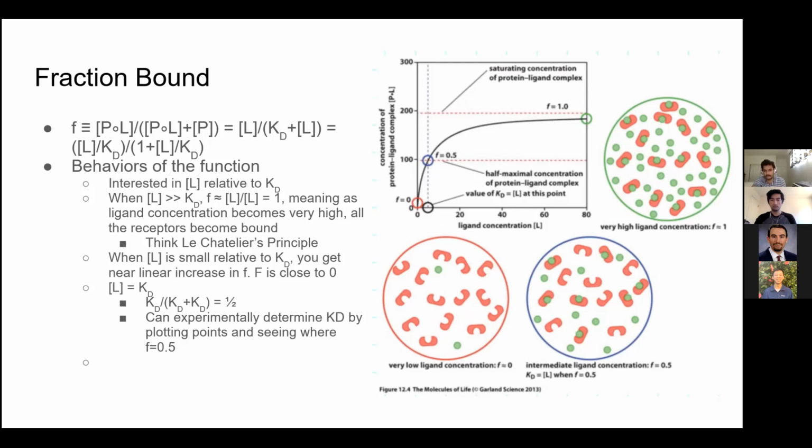As the free ligand concentration becomes very high, you essentially can saturate all the receptors, and that's like Le Chatelier's principle. When L is very small, you get a linear growth very close to 0. And when L is equal to KD, the protein is half bound.